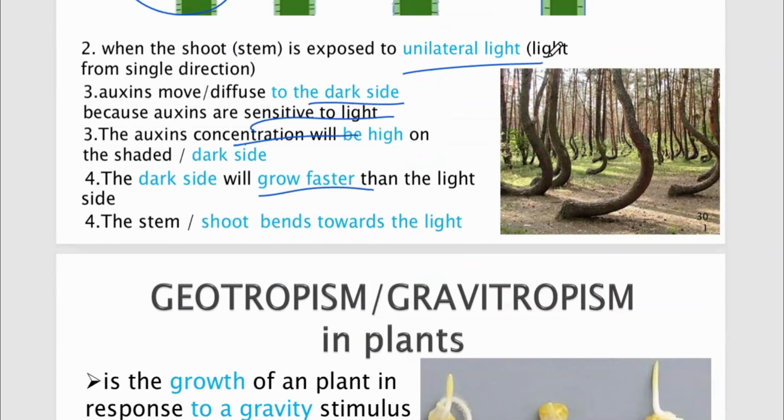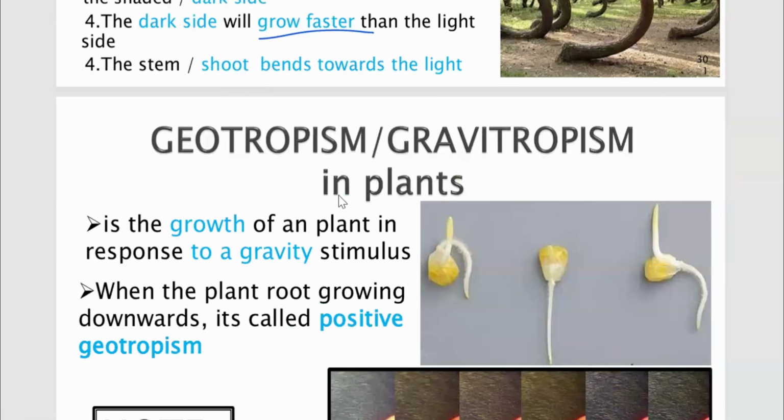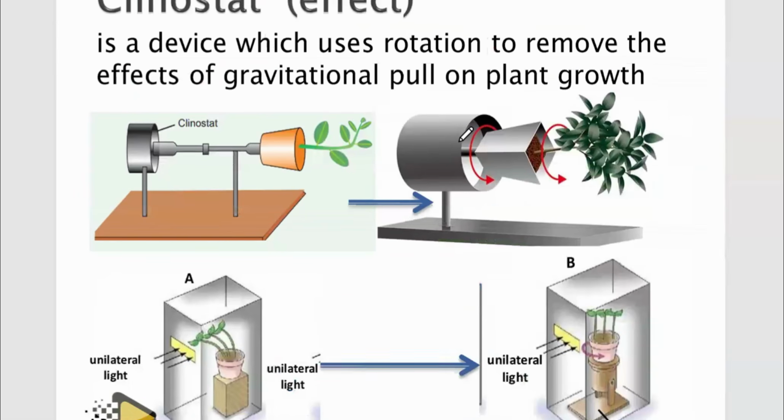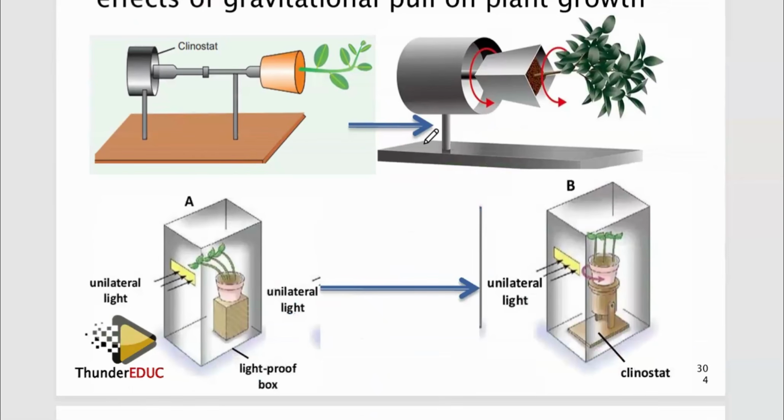And then there is an instrument which is used to solve this problem of tropism, which we call a clinostat. This instrument helps in breaking the effect of this auxin. So when it's rotating, it means that it keeps giving this distribution equally.